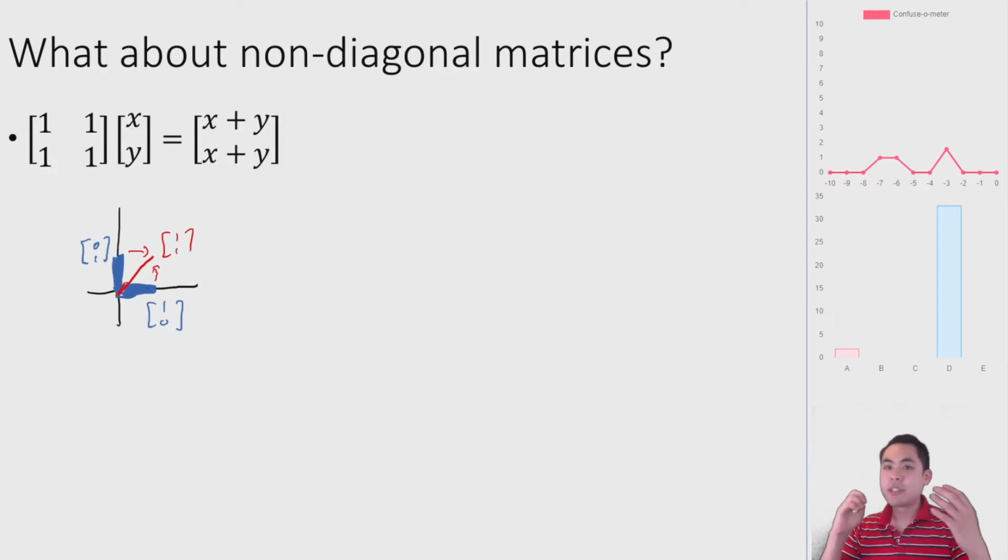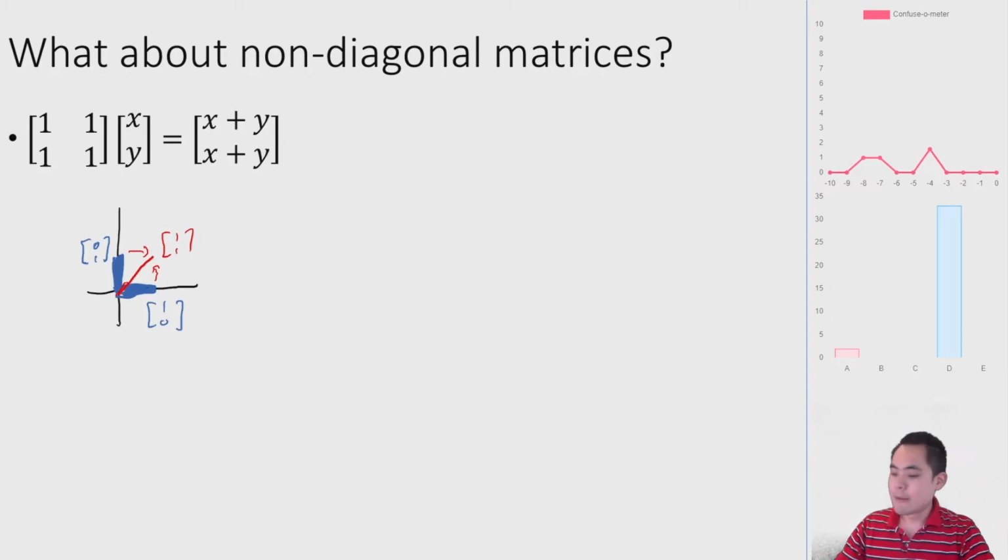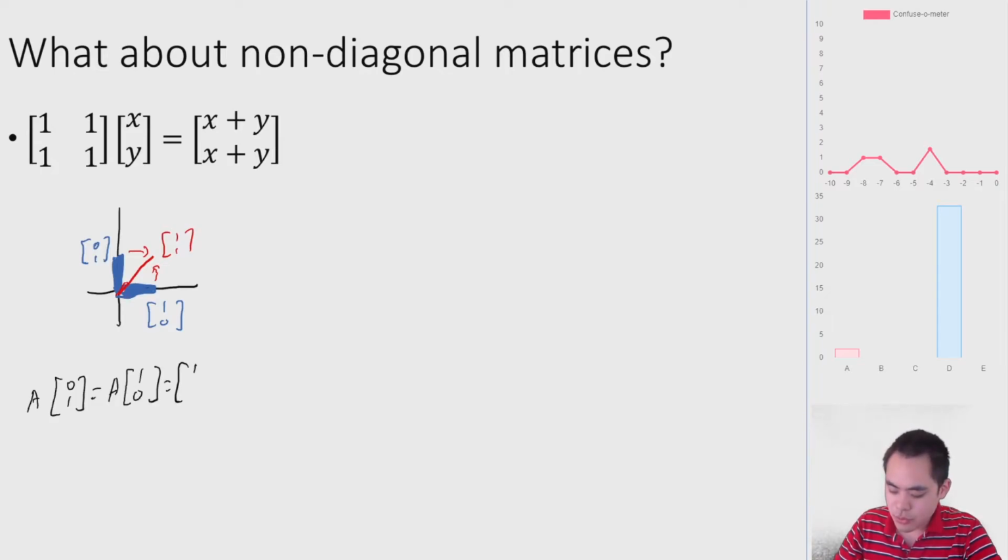So if you start with the 0, 1 vector, you multiply by the matrix 1, 1, 1, 1, you end up getting 1, 1. So that doesn't seem to be a scaling behavior, right? So we have A(0,1) is equal to A(1,0) is equal to 1, 1. So this does not scale these two vectors, 0, 1 or 1, 0.